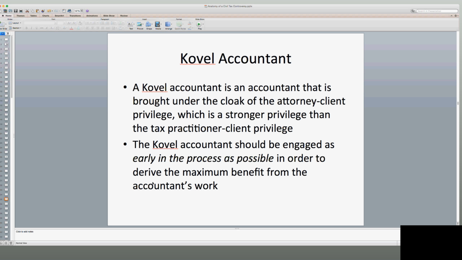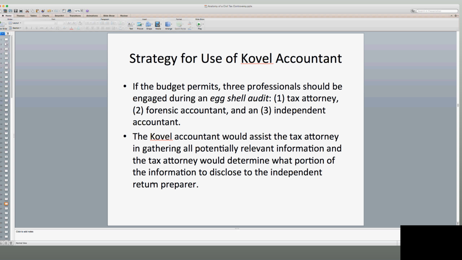These are just some tips and practical pointers. The Kovel accountant should be engaged as early in the process as possible in order to derive the maximum benefit from the accountant's work.